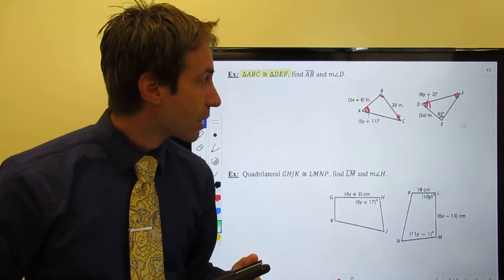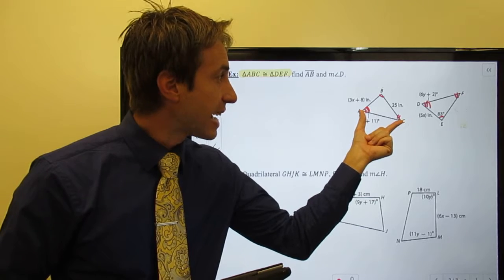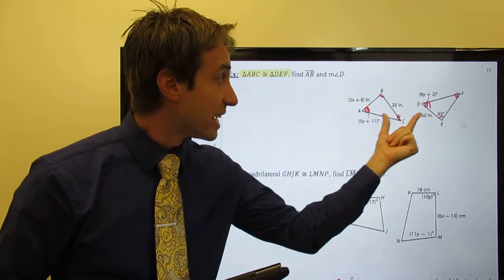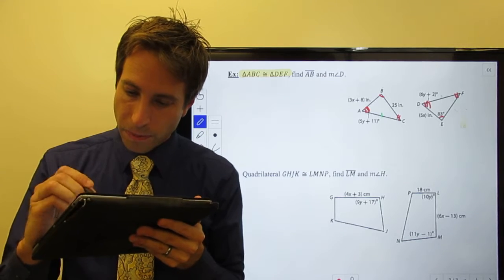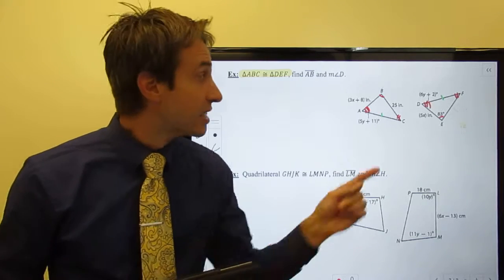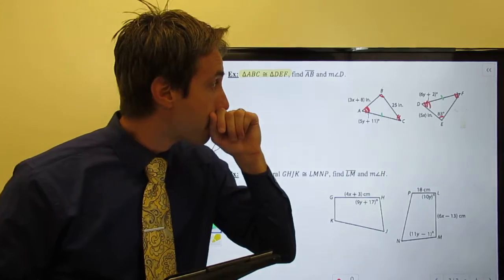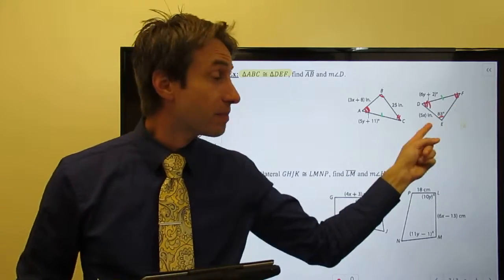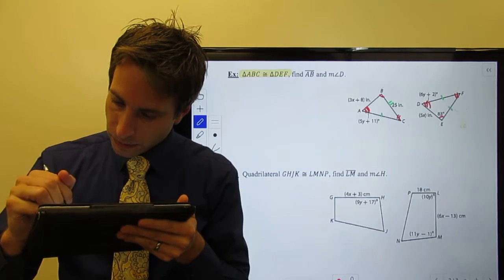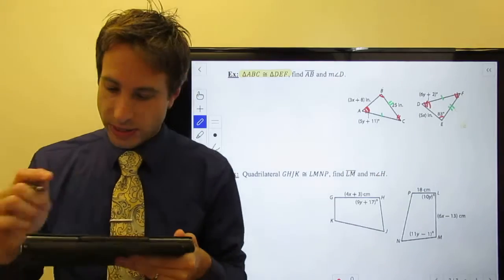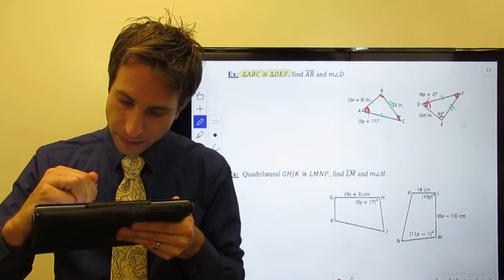Side AC has to correspond with DF. Side BC corresponds with side EF. And that leaves one side left, so that's easy.